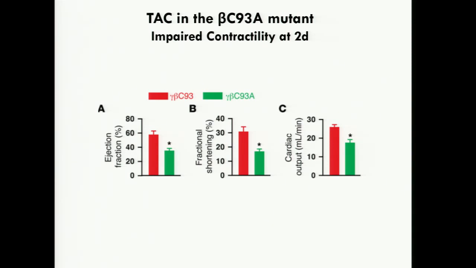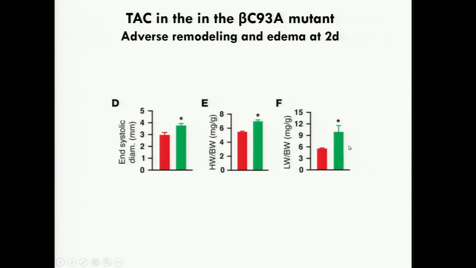At 2 days after the procedure, by echocardiography, they were able to document a reduction in ejection fraction that was more severe in the mutant mice with the mutant hemoglobin. There was a reduction in fractional shortening, again a measure of contractility, and a reduction in cardiac output. Furthermore, there were other changes that suggested adverse remodeling. This is the end systolic volume of the left ventricular chamber.